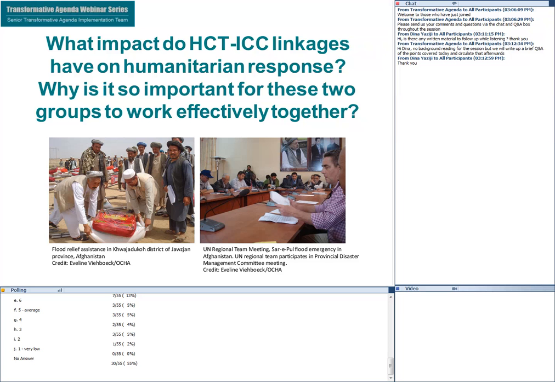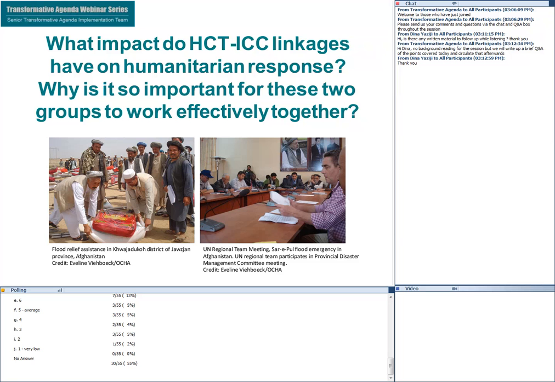For example, I've seen in a number of countries, I will not name any countries here, that the agenda of the HCT is very similar to the agenda of the intercluster group, which obviously raises the question of what the difference is, and this leads to a certain level of confusion. We have also seen that the two groups are working completely independently, and the topics that are being discussed in one group at the HCT level are not at all the topics that are discussed at the ICCG level.